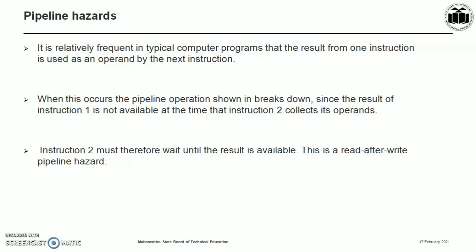When this occurs, the pipeline operation breaks down, since the result of instruction 1 is not available at the time that instruction 2 collects its operands. Instruction 2 must therefore wait until the result is available. This is a read after write pipeline hazard.